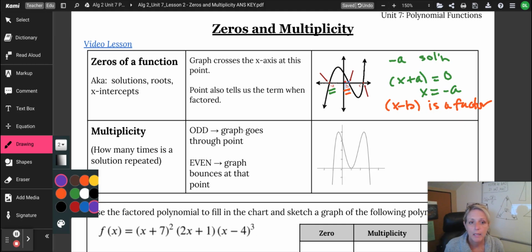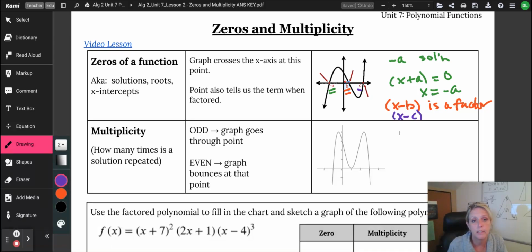And likewise, if c is a solution, then x minus c is also a factor. So remember, we have to change the sign because we had to move the term over to where the 0 was. So we either subtract from both sides or add to both sides. So basically, we're putting this constant back over with the x and setting it equal to 0, and that tells us that it's a factor.